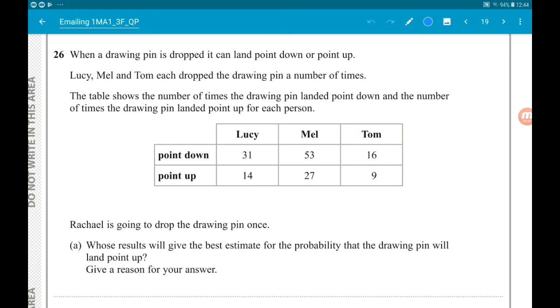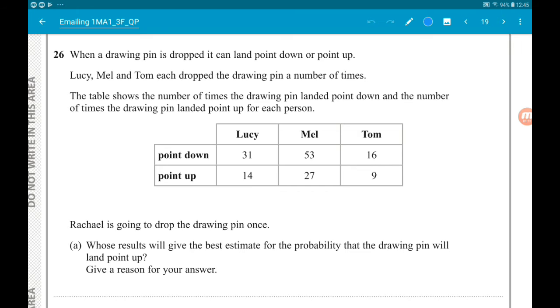Okay, so when you carry out a trial, so here dropping a drawing pin, you can get what's called the relative frequency of a certain outcome. That's the number of times that outcome happens out of the total number of times you do the trial.